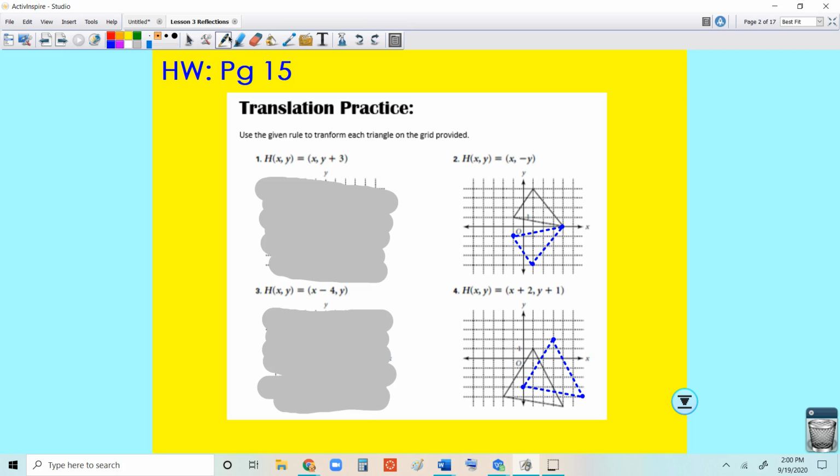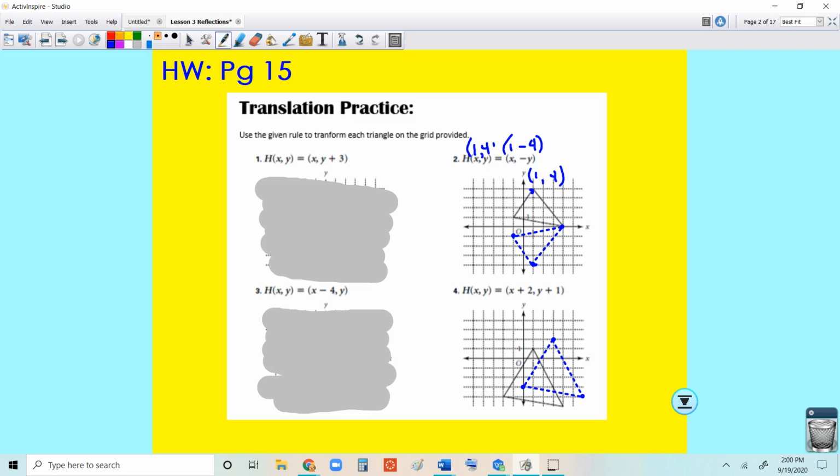So if you started with 1, 4, that ordered pair changed to 1, opposite of 4. So that point moved to positive 1, negative 4. So this point reflected over and ended up there.